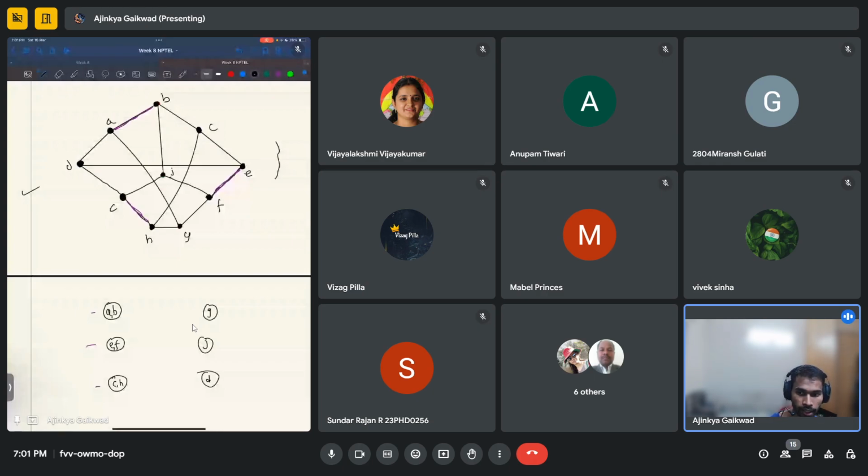Now let's look at the edges. A was adjacent to D, so AB is adjacent to D, right?